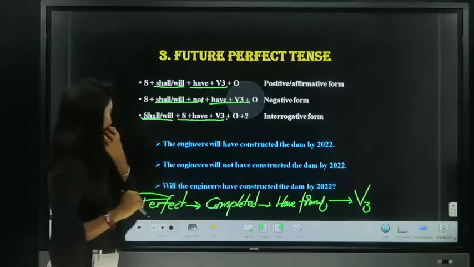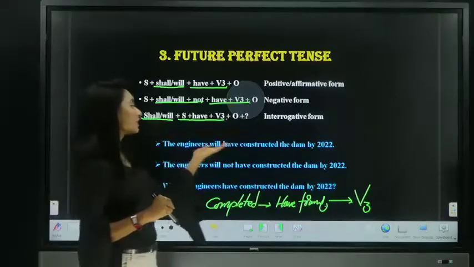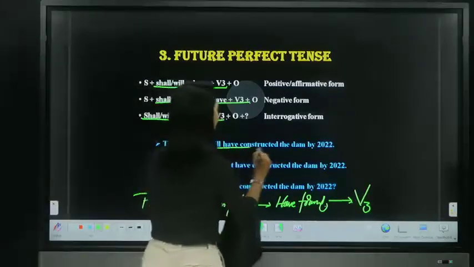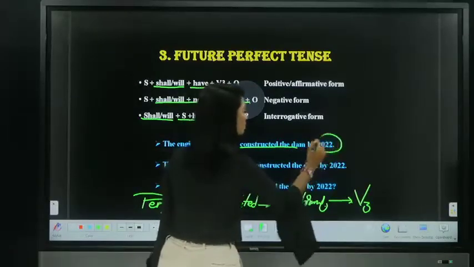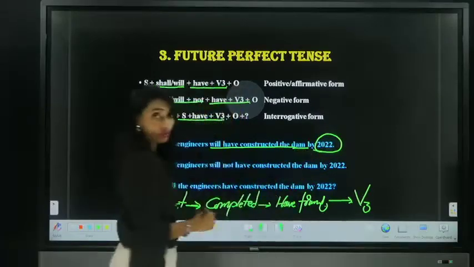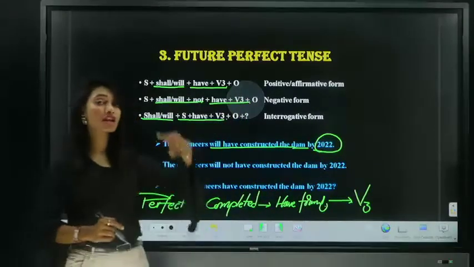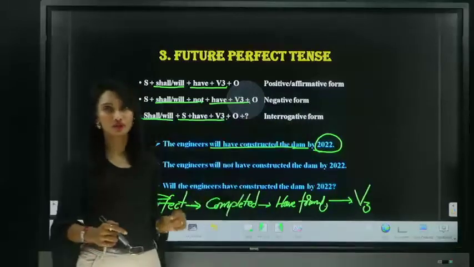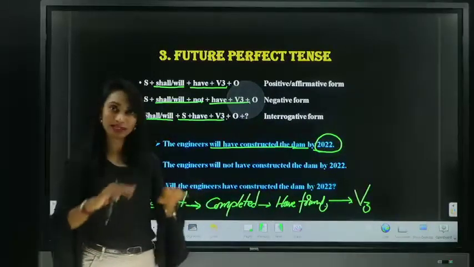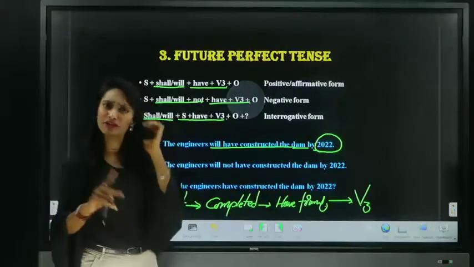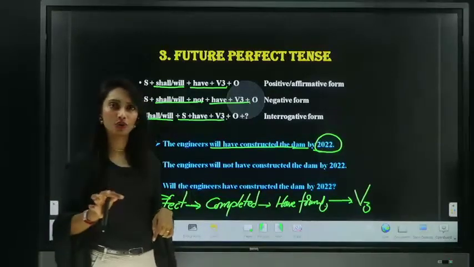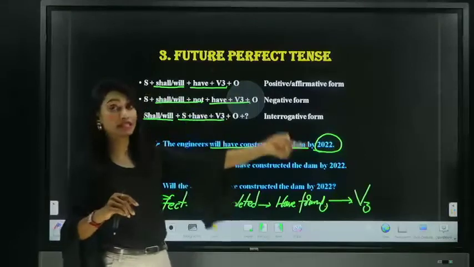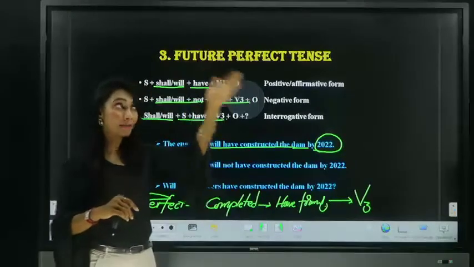Look at these examples. The engineers will have constructed the dam by 2022. So action will have completed at some point of time in the future. See, perfect means completed. Is the action completed? No. Just completed? No. It will have completed. Future completed action.